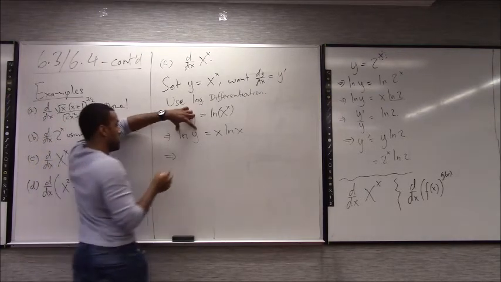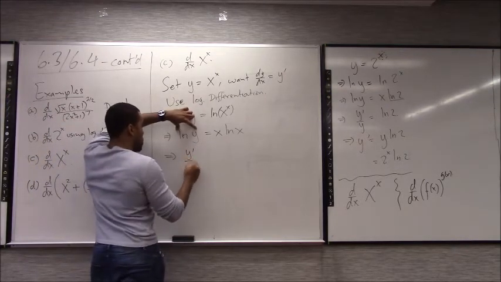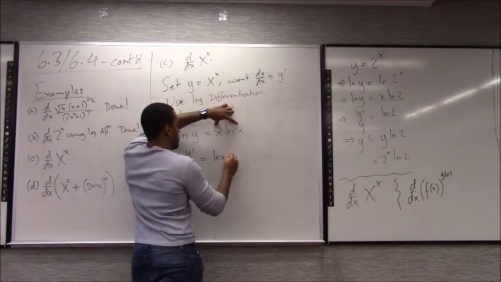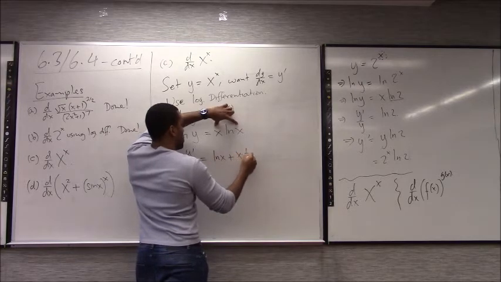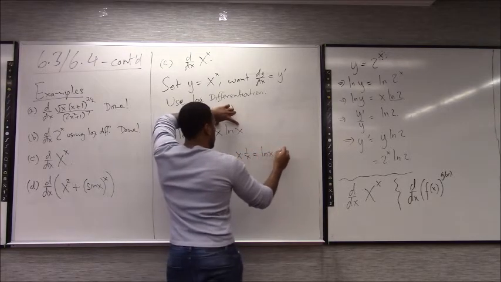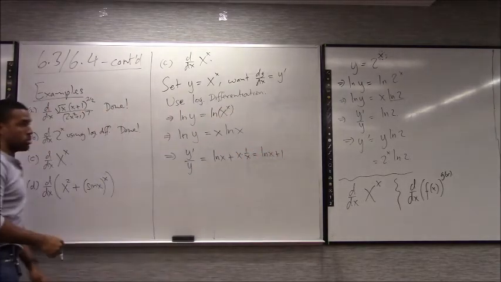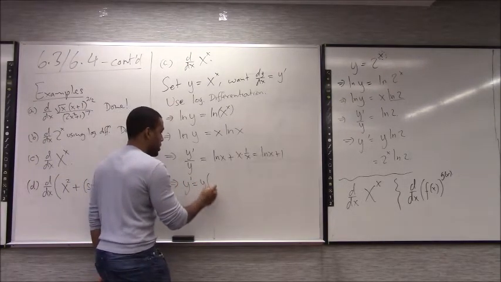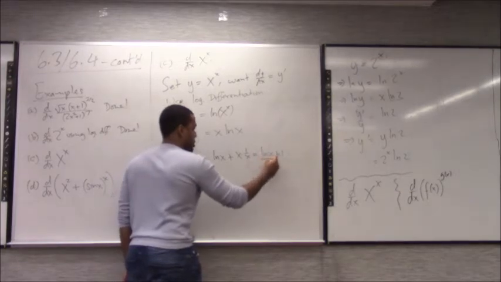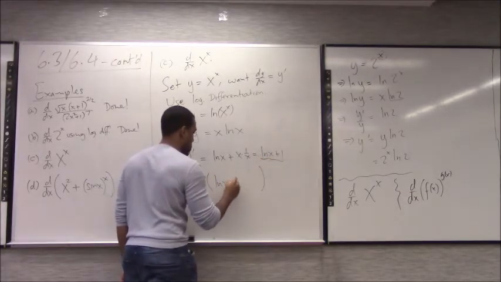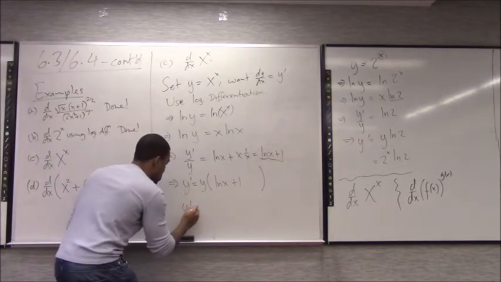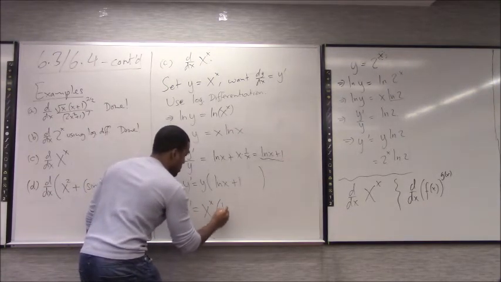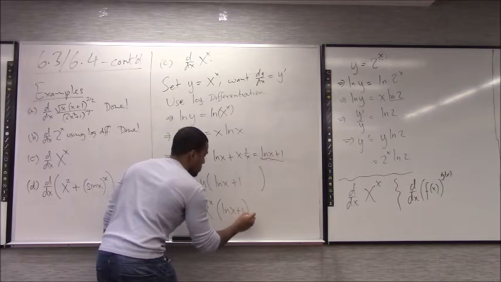The derivative of this side is y prime over y by the chain rule. Derivative of this is ln x plus x times 1 over x, which is 1. So that's ln of x plus 1, by the product rule. This means that y prime is equal to y times this whole thing, ln of x plus 1, and so y prime is equal to x to the x times ln of x plus 1.